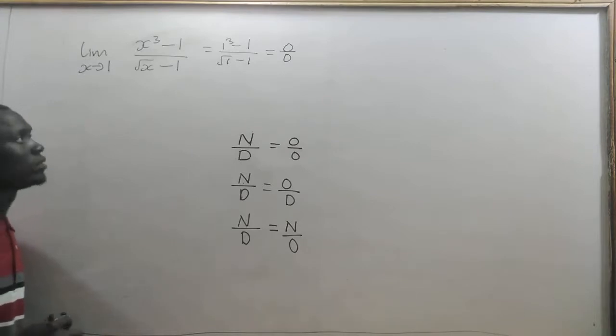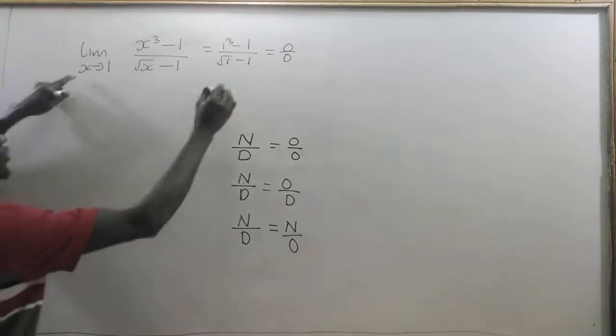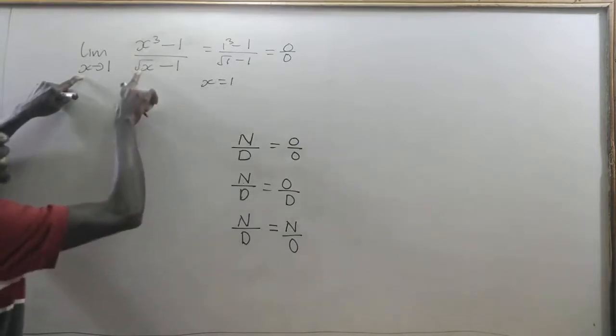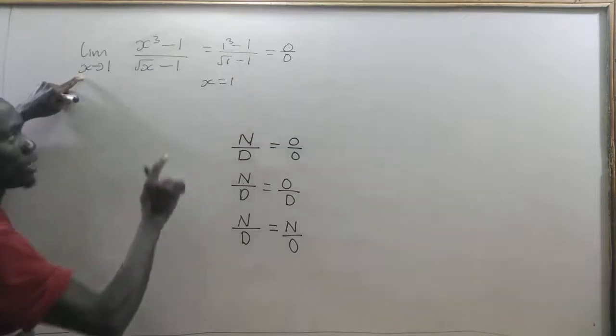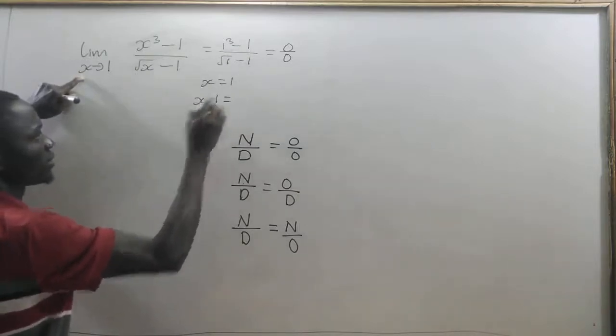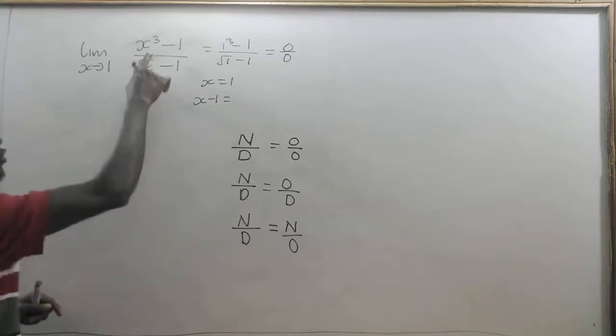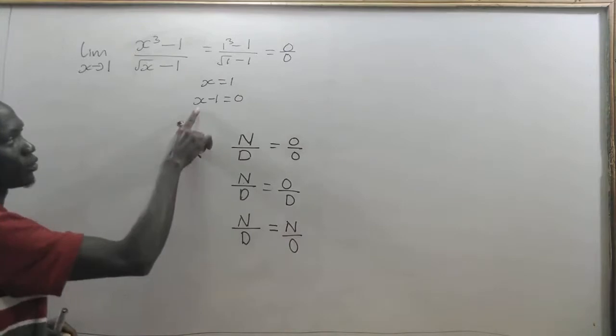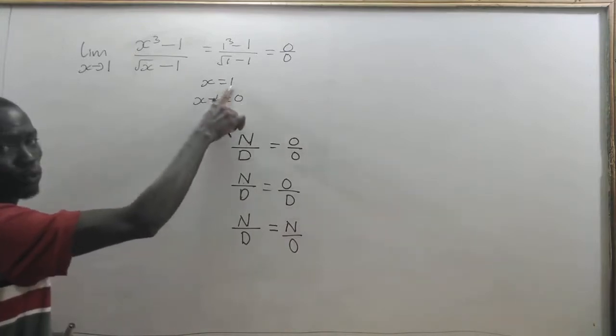So here you have to note this one. You see that if we put in x equal to 1, the denominator gets to 0 and the numerator gets to 0. It means that x minus 1 is a common factor of the numerator and the denominator. So x minus 1 equal to 0, x will give you 1.